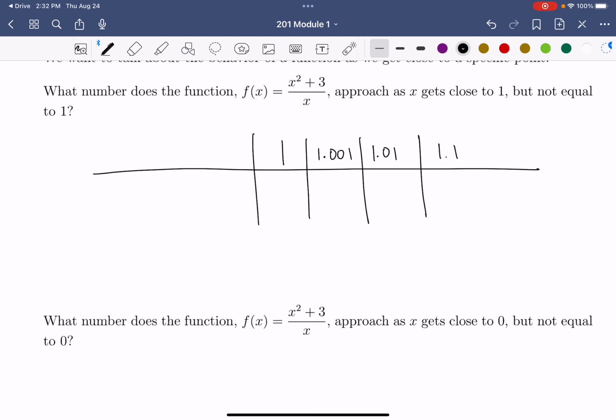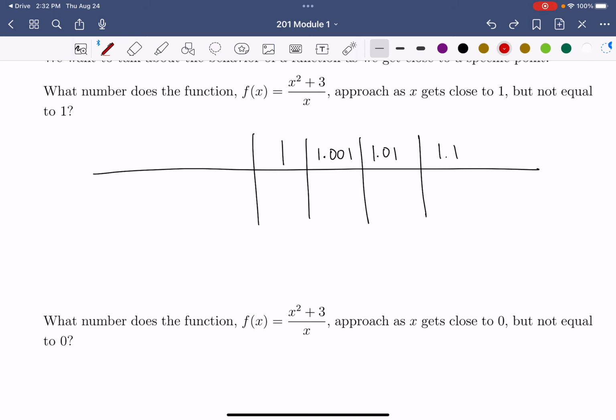Make sure, by the way, that your numbers are as if they were on a number line. So I want to be slightly larger than 1, slightly more larger than 1, slightly more larger than 1. Keep in mind that I can get closer and closer to 1 by putting more and more zeros in here, because then I'm adding a smaller decimal value, and so it makes it closer to 1.